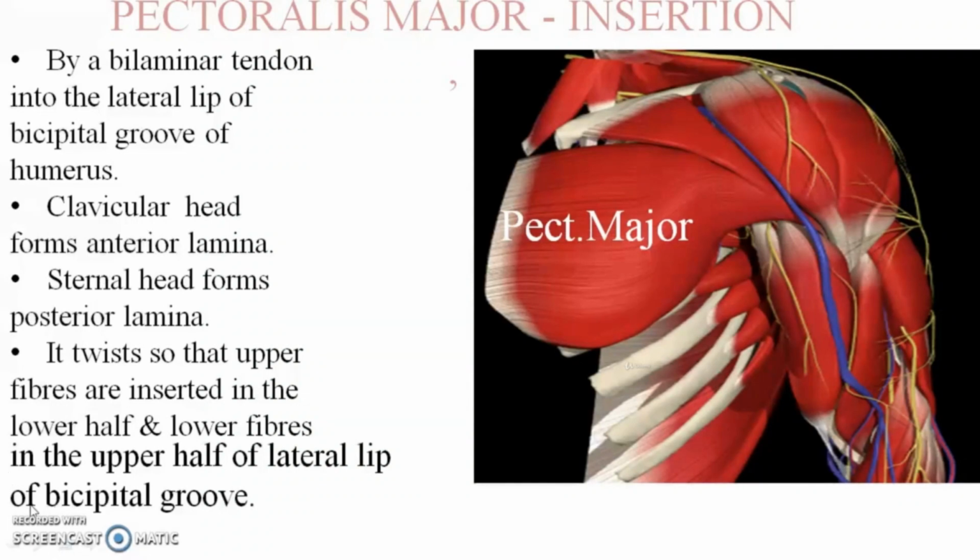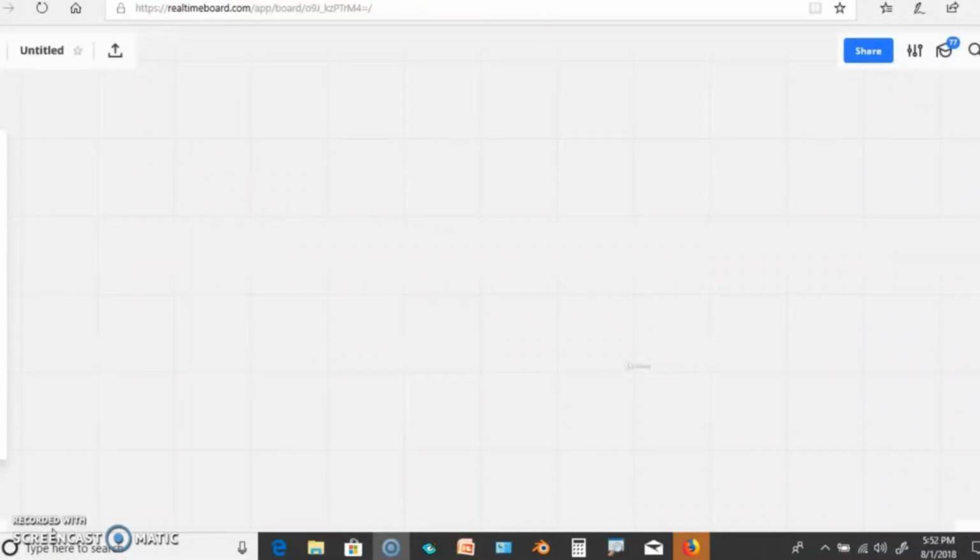I can make out an image of this particular muscle which is easy for you to understand. So to summarize the origin and insertion of pectoralis major, you have to know how the bones are oriented first. Wherever muscle origin and insertion is taking place, it is happening mainly in bones.